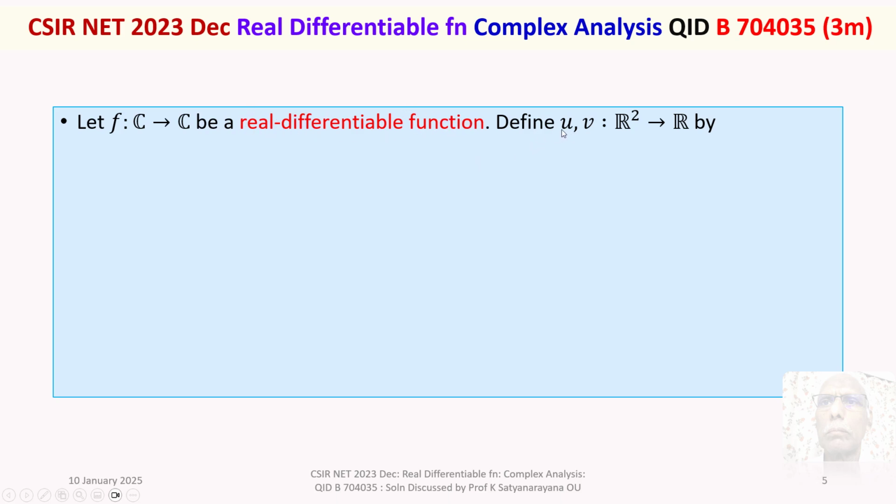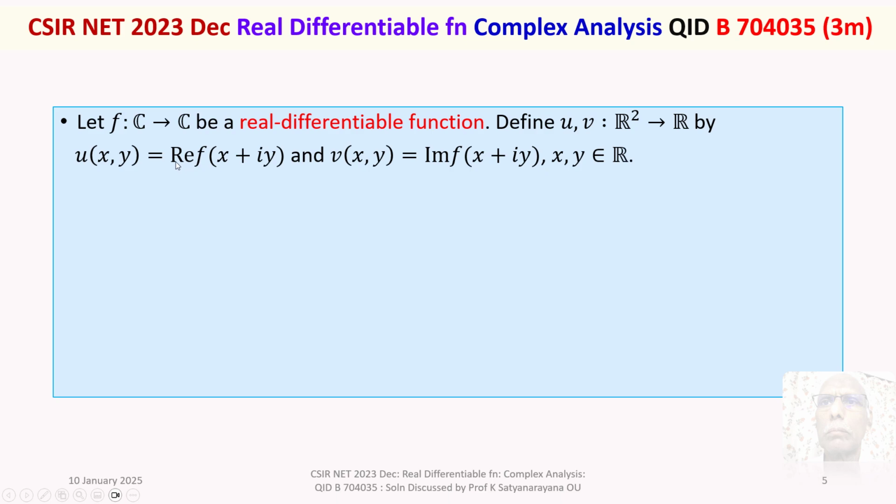Define u and v, real valued functions defined on R squared, by u of x comma y is the real part of f of x plus iy, and v of x comma y is the imaginary part of f of x plus iy, where x and y are real numbers.